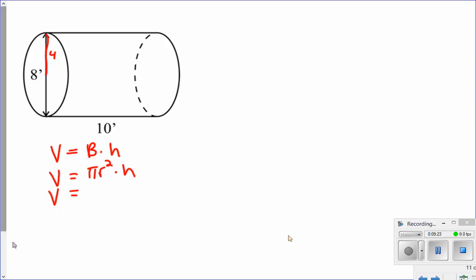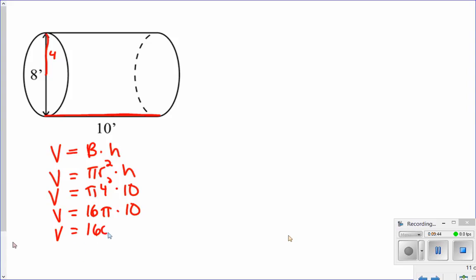So pi times 4 squared times the height. The height of the cylinder is 10 feet. So 4 squared is 16. 16 pi times 10. 16 times 10 is 160. So we have 160 pi, and these are feet cubed.